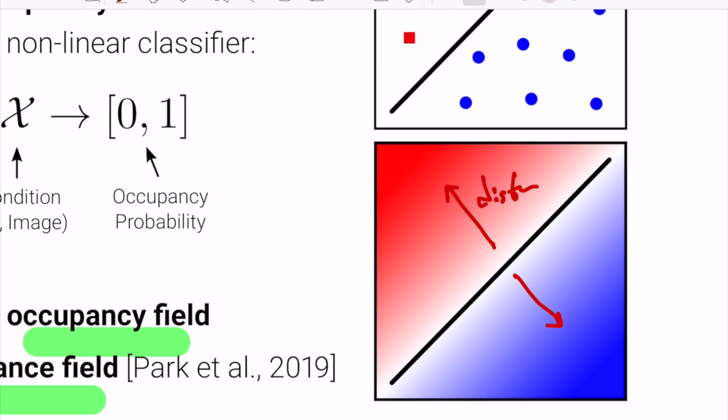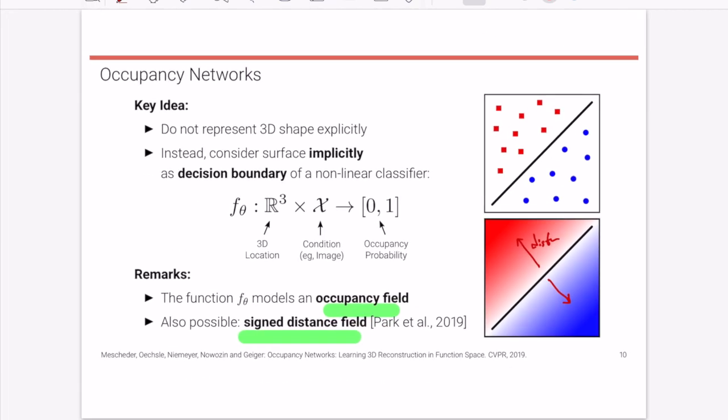Then with a neural network, we can directly estimate the distance from the surface. So this is another kind of output. This is called the signed distance field, but the key ingredient is exactly the same as the occupancy field. Anyway, this kind of work was the starting point of the implicit neural representation, implicit 3D representation.